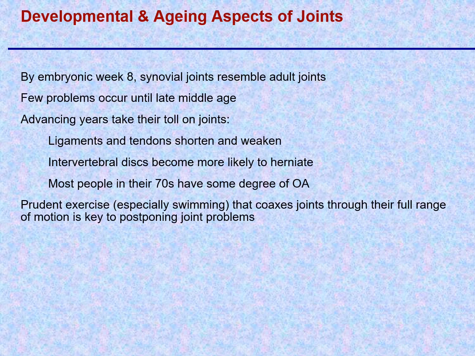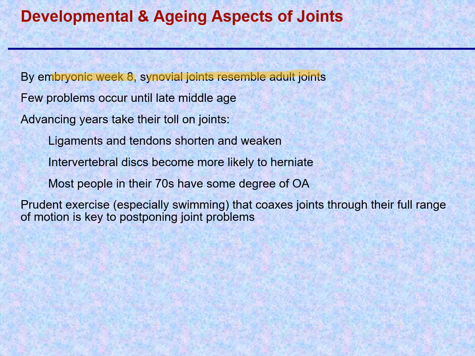And here we have the last slide, which covers several topics that haven't been covered, in a completely superficial way, but here we go. Synovial joints resemble adult joints when the developing embryo is only at week 8.